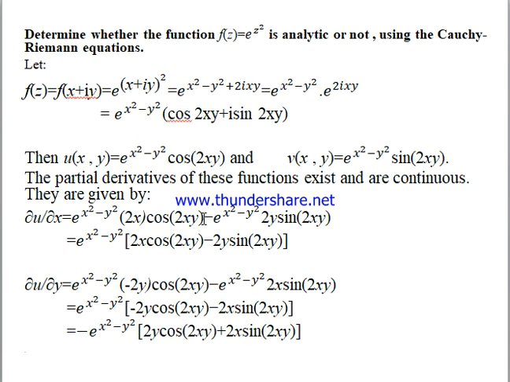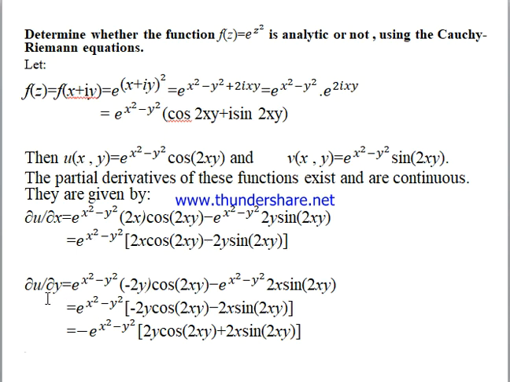Next, plus, but we write a minus because the cos derivative is minus sine: e^(x² - y²) as usual, then minus e^(x² - y²) sin 2xy, and the derivative of 2xy with respect to x is 2y. So the common value is e^(x² - y²), and outside we get 2x cos 2xy - 2y sin 2xy.